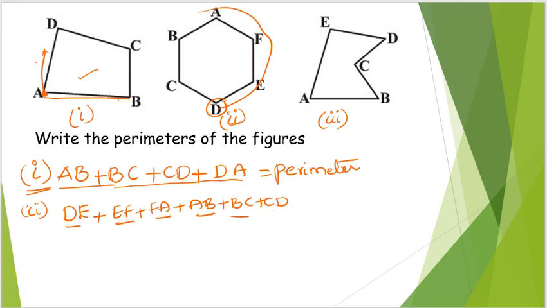We have covered 6 distances, because it is a hexagon, so it has 6 sides. The sum of those 6 sides is the perimeter of this figure.